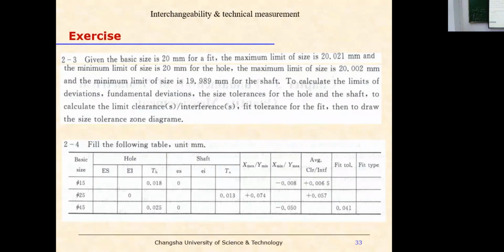Is average, because we have the average.